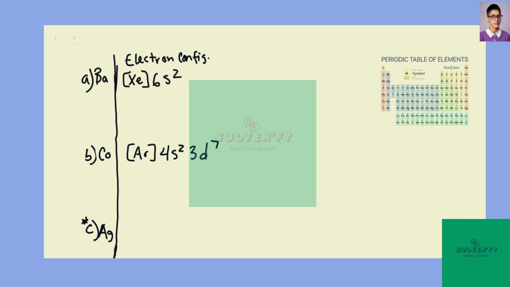Now, lastly, we have silver. And the reason I have an asterisk next to silver was to remind me to make sure that you understand the special rules that apply to the elements in the columns that silver, copper, gold, chromium, molybdenum, tungsten fall in.